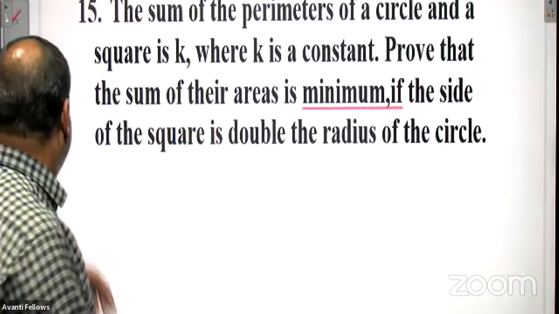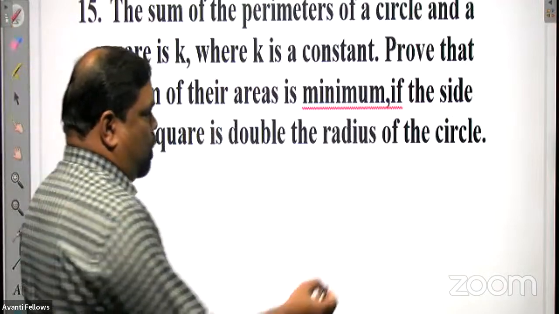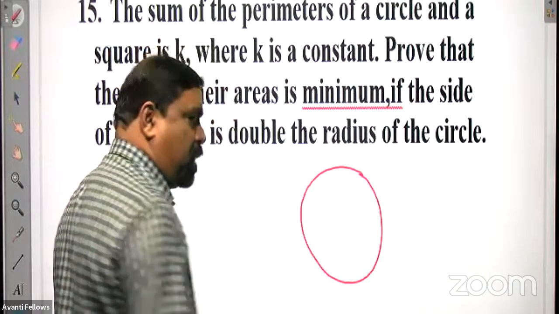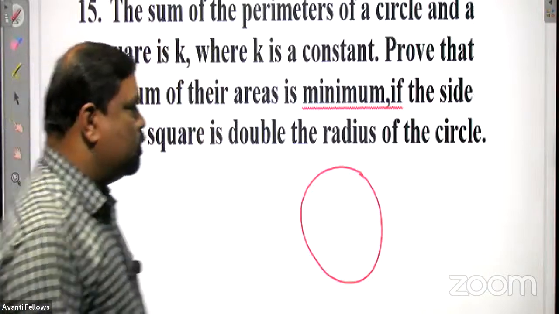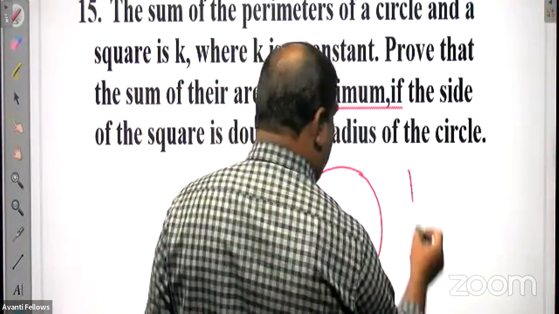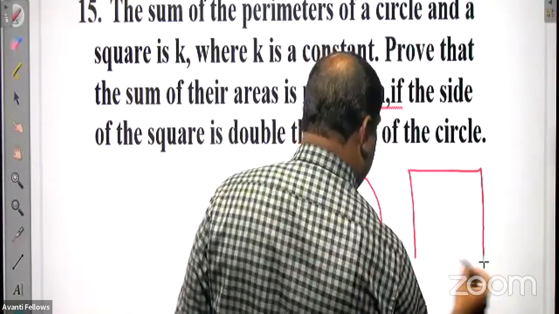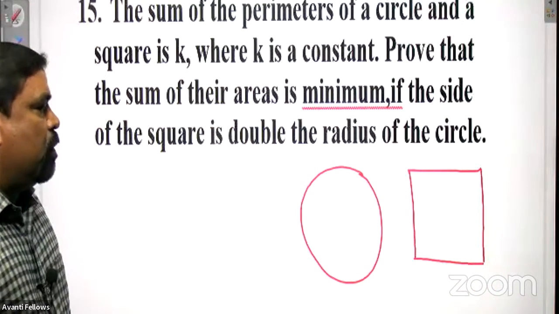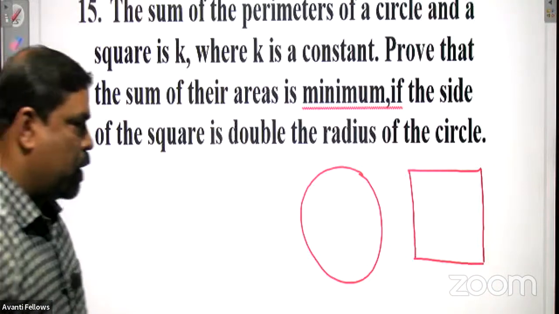Okay. So first, let us draw a rough figure. A circle and a square.